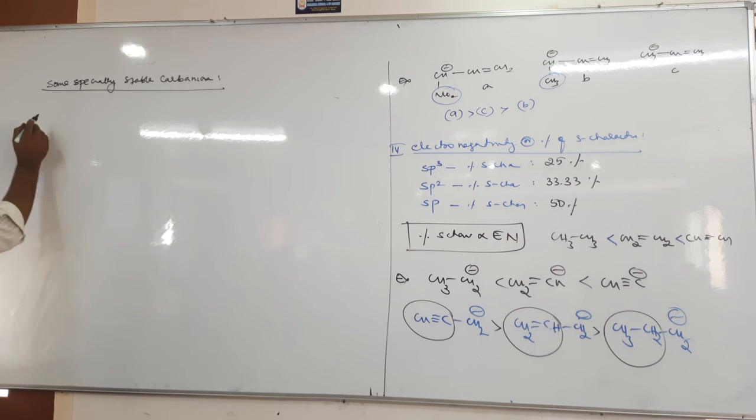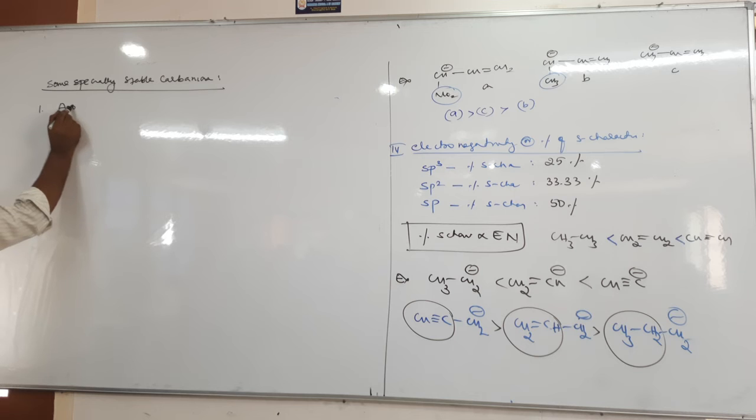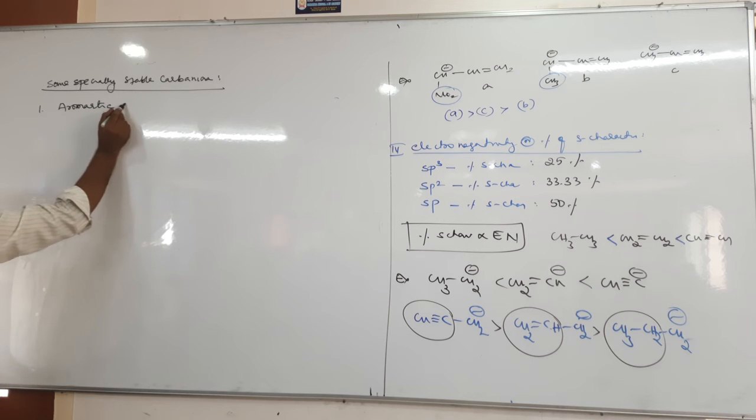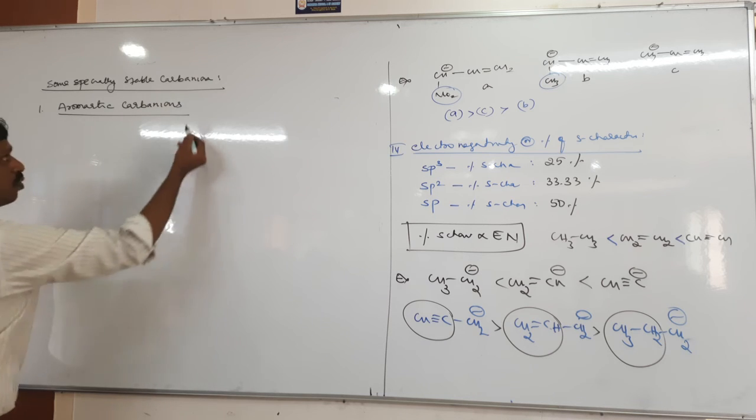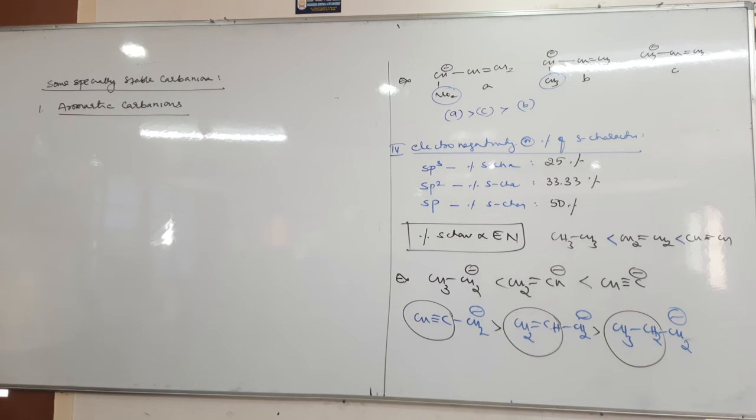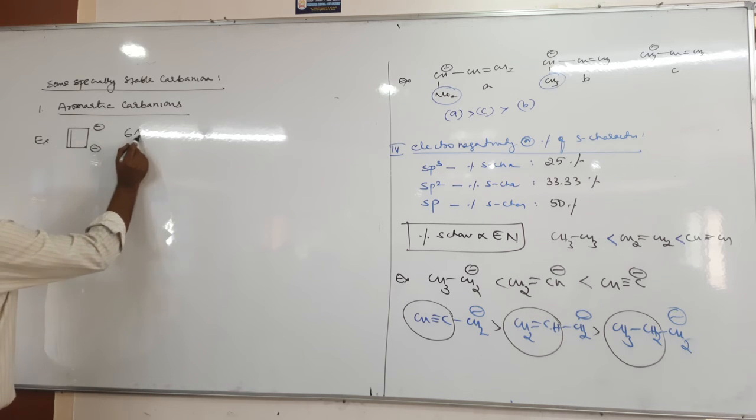So all aromatic carbanions are most stable. For example, stable or unstable? Stable, because 6 pi electrons, that is aromatic.